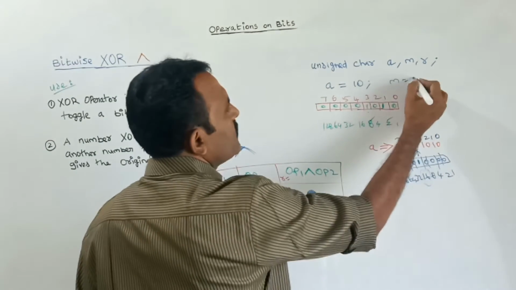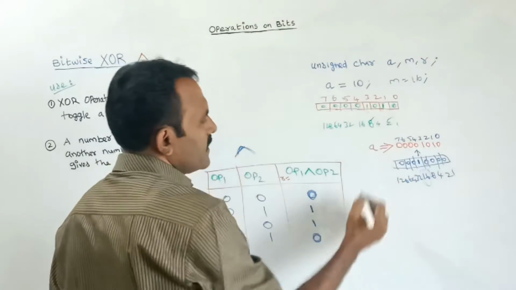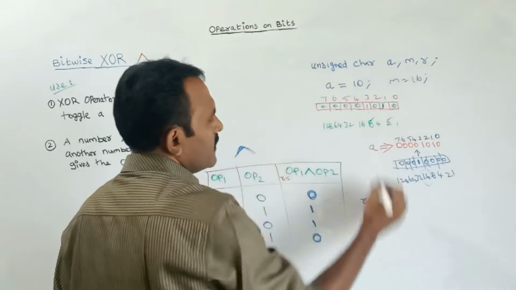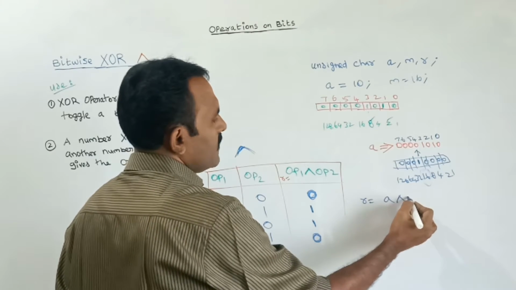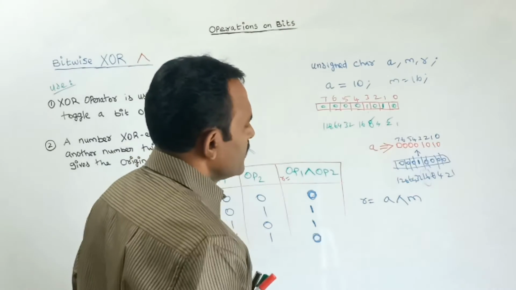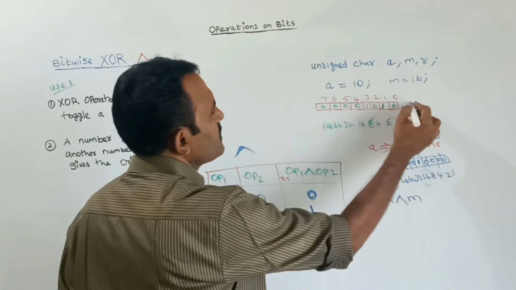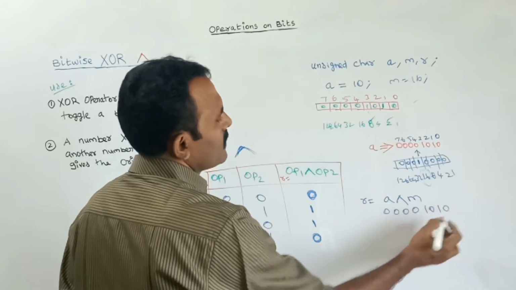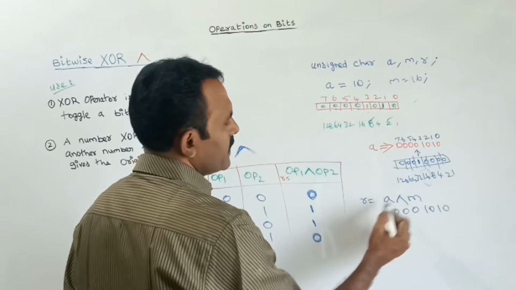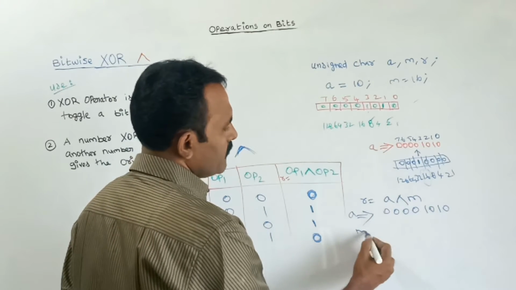So the mask value here is 16. Next, result is equal to A XOR mask. Here is the binary value of A, and next the binary value of M.